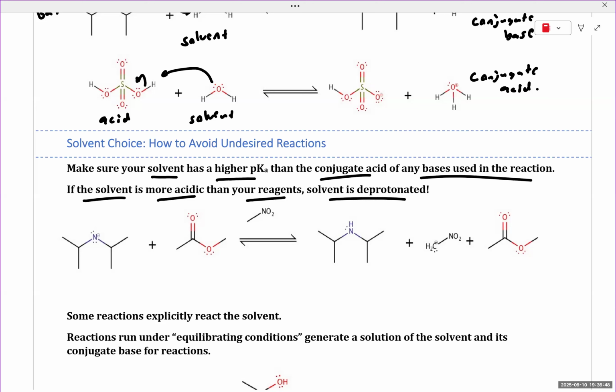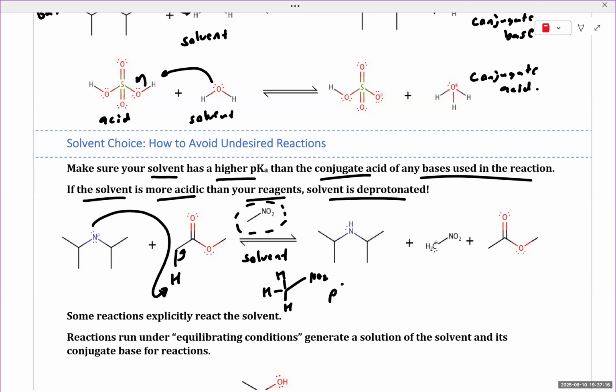For example, if you have the idea to run the following acid-base reaction, but you run it in nitromethane, which is our solvent, you may think, oh, I just have to draw this acid-base reaction. My base is going to pull off a proton from this acid, and all will be right. However, nitromethane has a pKa of around 9.